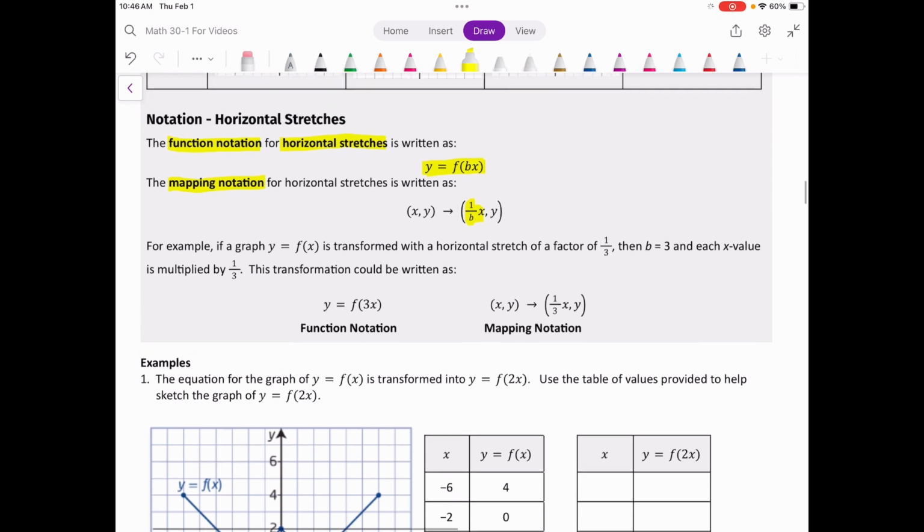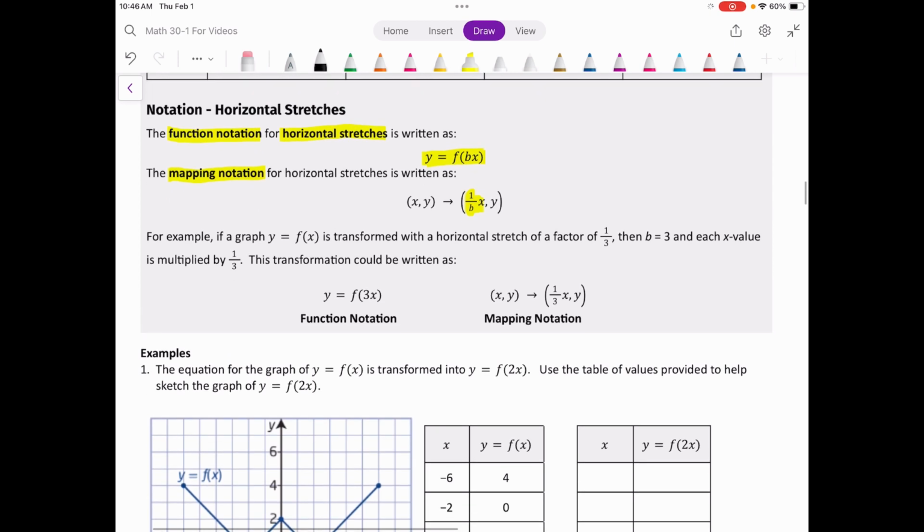Okay, so we've now built to the point, and we'll talk about this later in the lesson, but we've now seen all of these. We've seen the vertical stretch, a. We've seen the f, well, f is just the name of the function. We've now added in our b, the thing that causes the horizontal stretch. It gets multiplied by the x in the notation here, and then we've got our h, our horizontal translation.